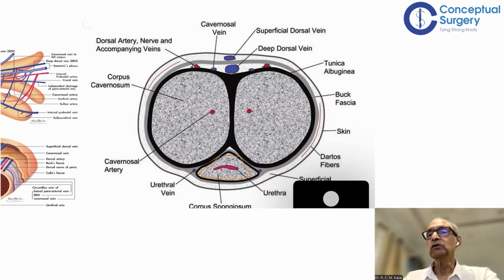And the cavernosal arteries are contained within the corpora cavernosa. And this black layer all around is, sorry, not Colles Fascia, Tunica Albuginea. In other words, all these corpora are covered by Tunica Albuginea, which surrounds both the cavernosa as well as the spongiosum.